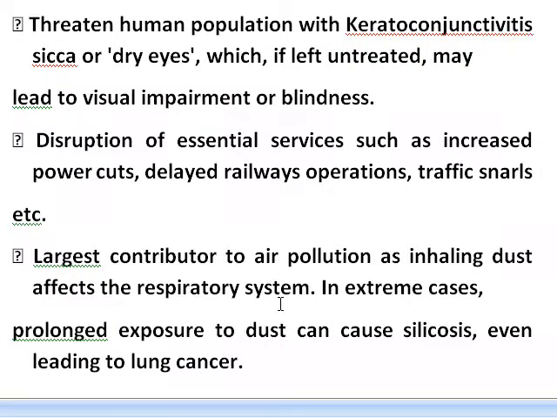They also cause disruption of essential services, such as increased power cuts, delayed railway operations, traffic snags, etc.